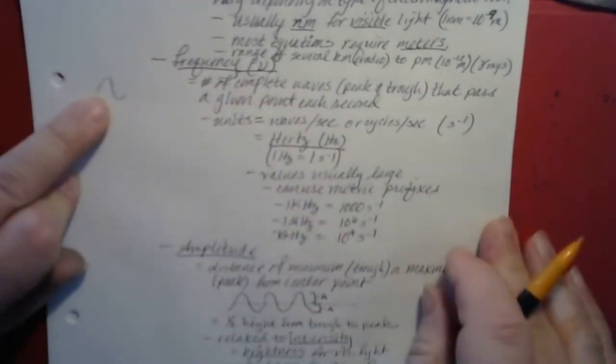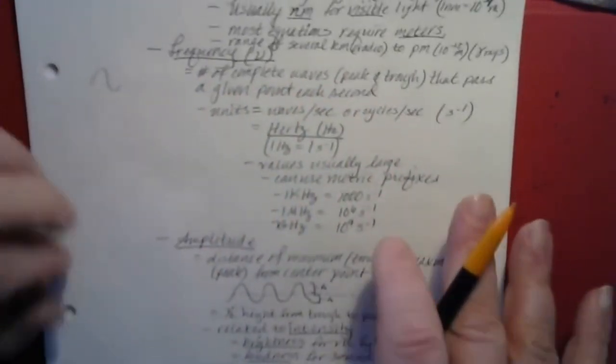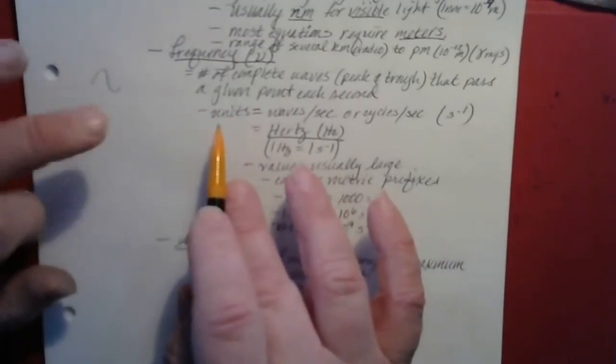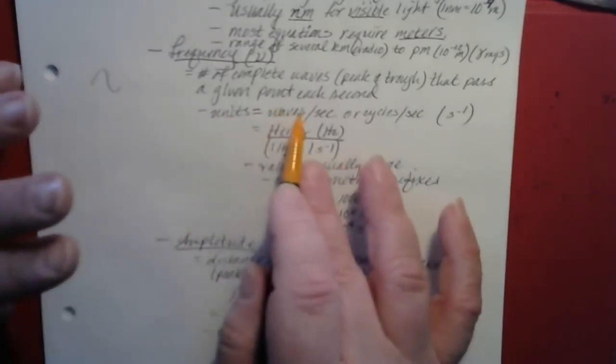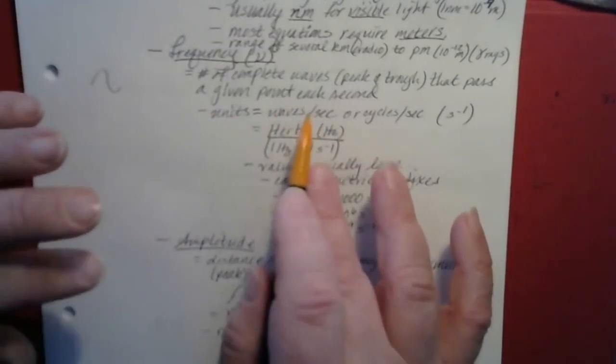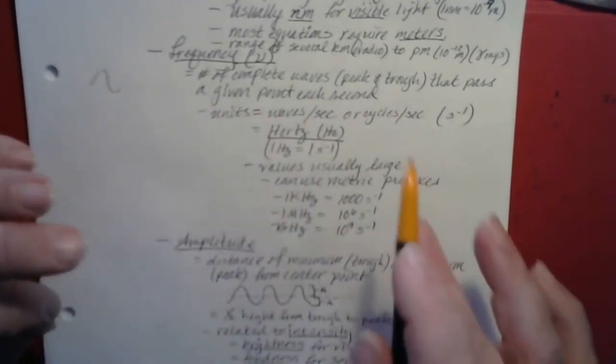A complete wave would be a peak and a trough. And so the units that we normally use for frequency would be waves per second, or sometimes called cycles per second. A full wave, peak and trough, is also called a cycle.